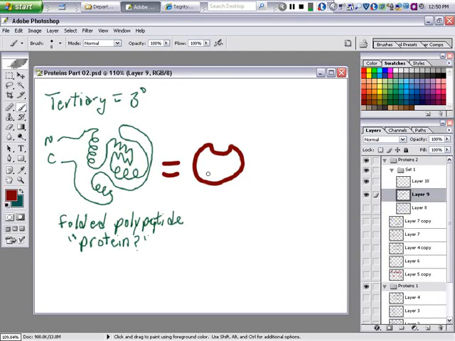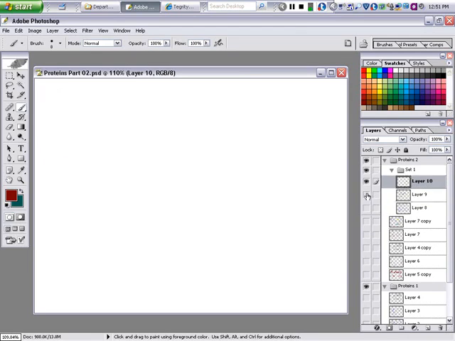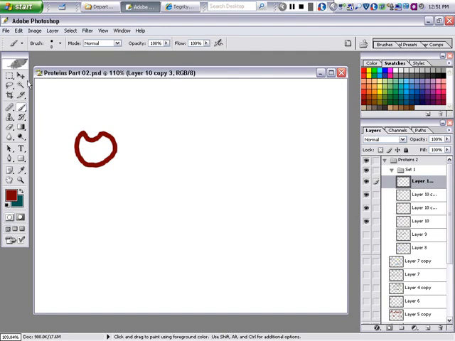Now we can go to our last level of structure. Sometimes, if you just have one folded polypeptide, the protein is still not functional. Sometimes you have to put several of these together. You actually have to put several of them together here.